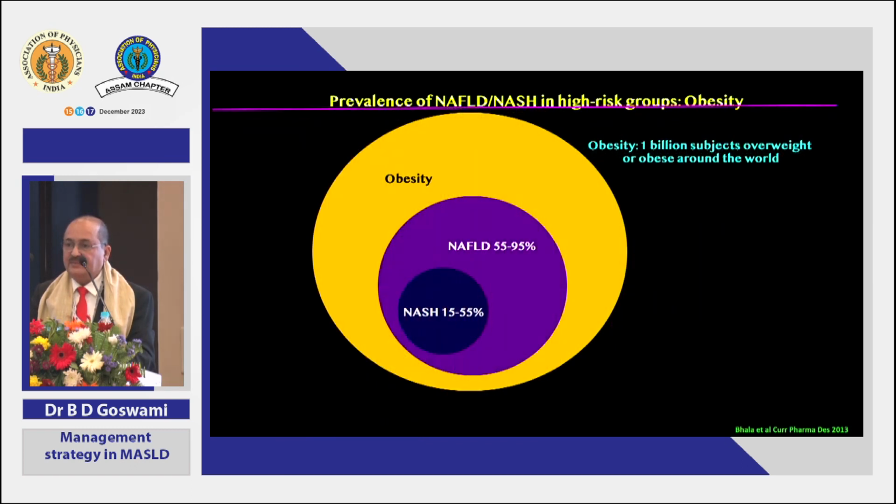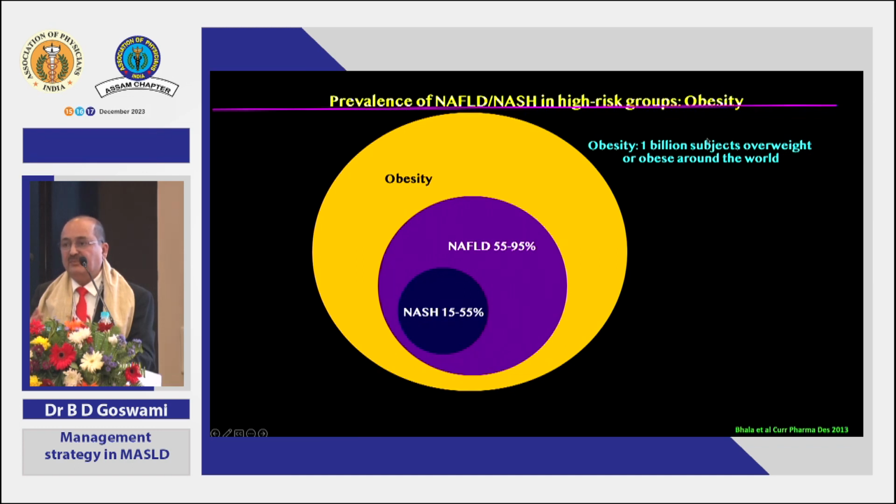If you see this picture, similar to the diabetes one, if obese, 55 to 95% will go for NAFLD, and out of that, almost 55% goes to NASH. And today we have 1 billion people all over the world with obesity.